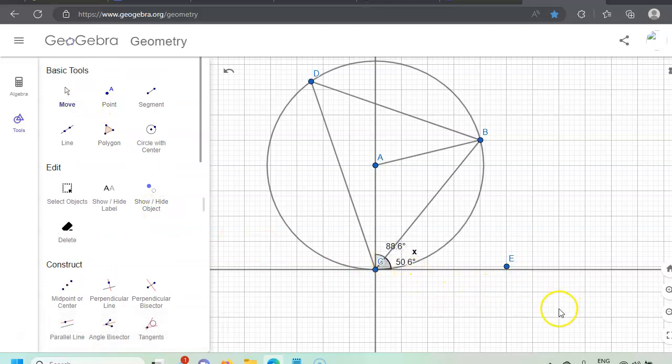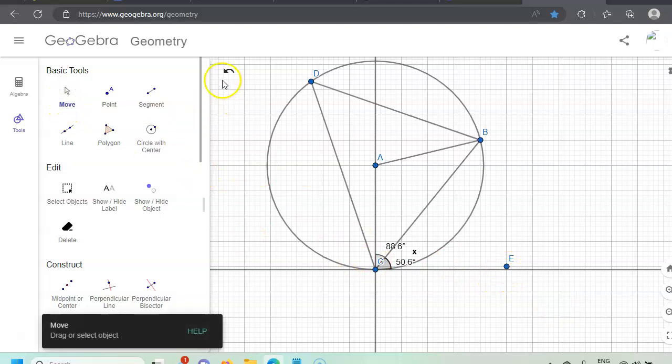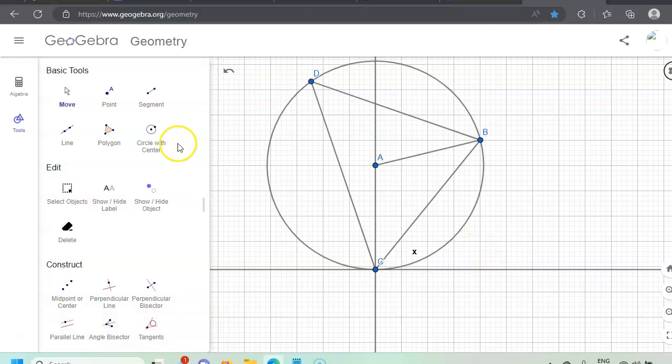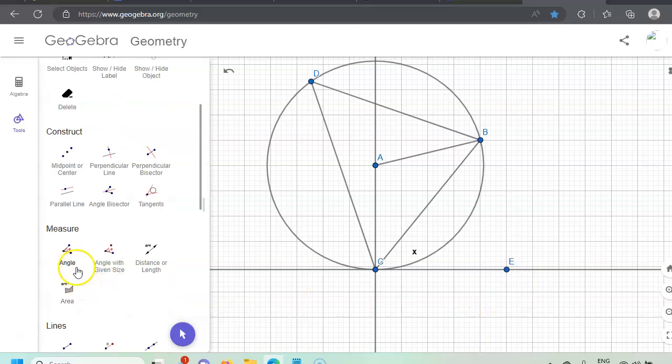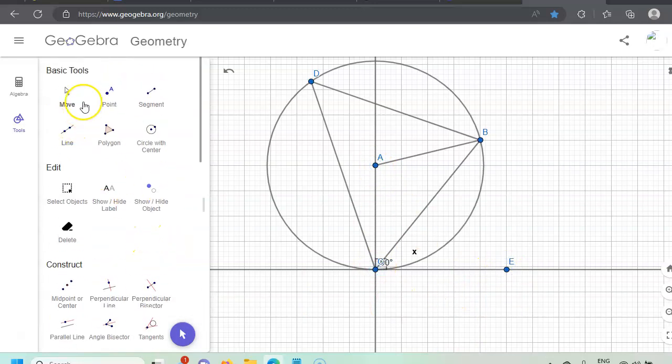Okay, so let me just change that, delete this, and then make another point here. Okay, and then measure up from ACE. Okay, so that's 90 degrees.